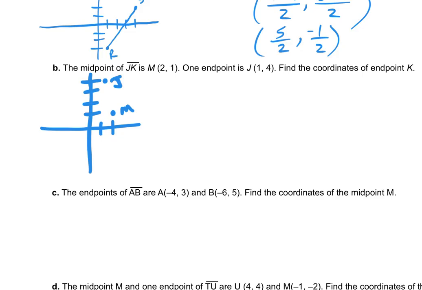If I were to connect J to M, what we have to keep in mind here is M is only halfway. So J to M, we want to find the point that's on the other end. We've got to find the point that's down here somewhere.